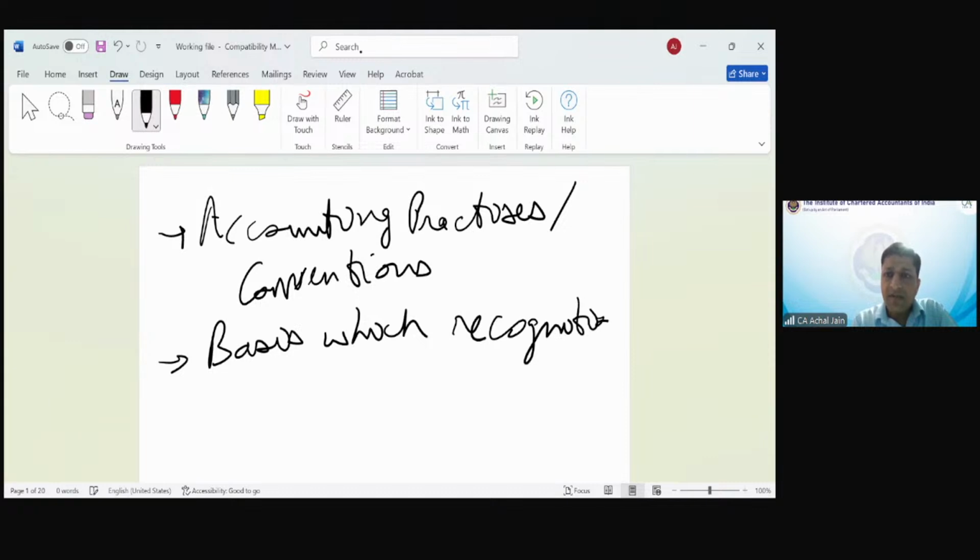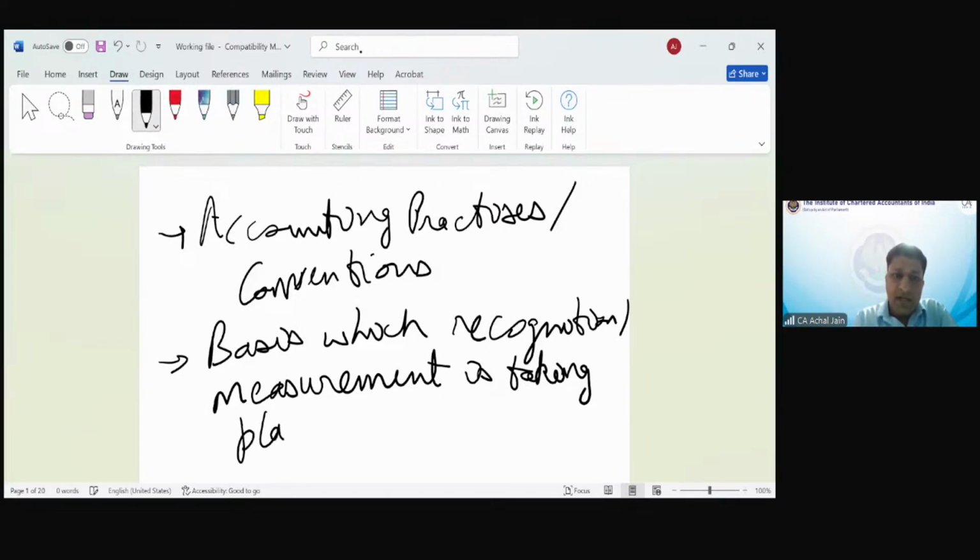So, the basis on which recognition or measurement is taking place. That is what you call an accounting policy on the part of the company, right?